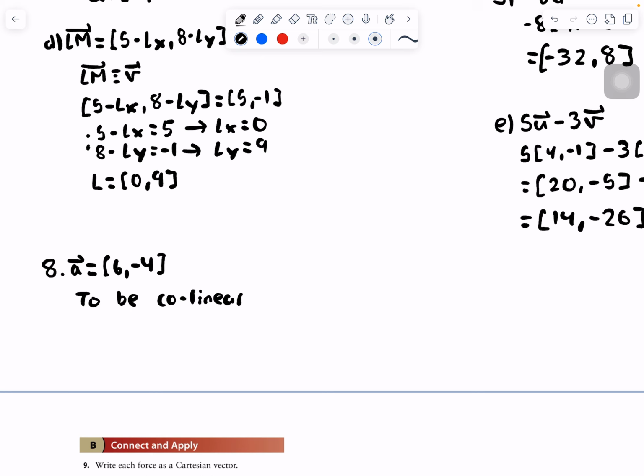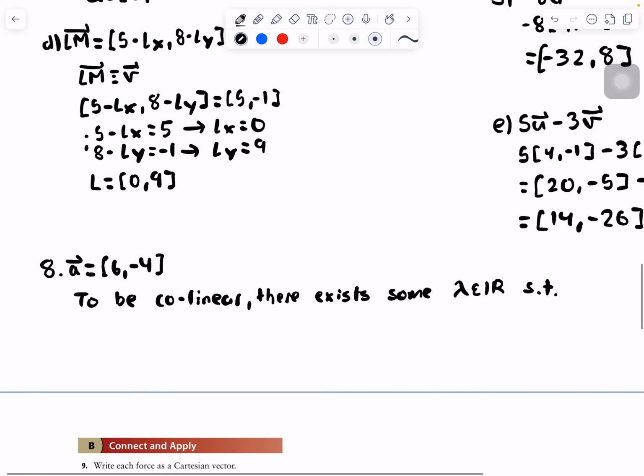To be collinear means that there exists some lambda, which is any real number, such that, this S.T. is shorthand for such that, A is parallel to lambda A.